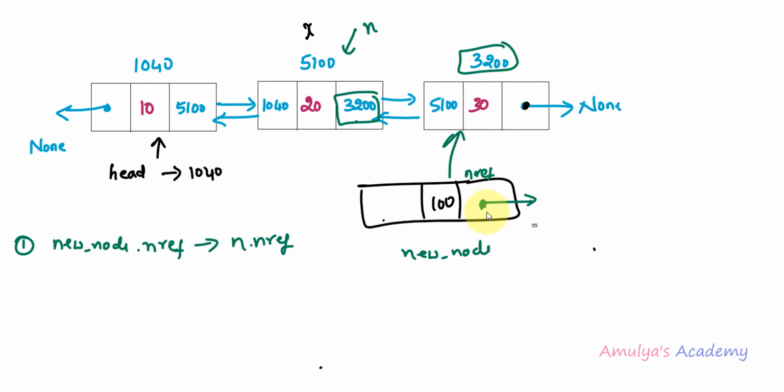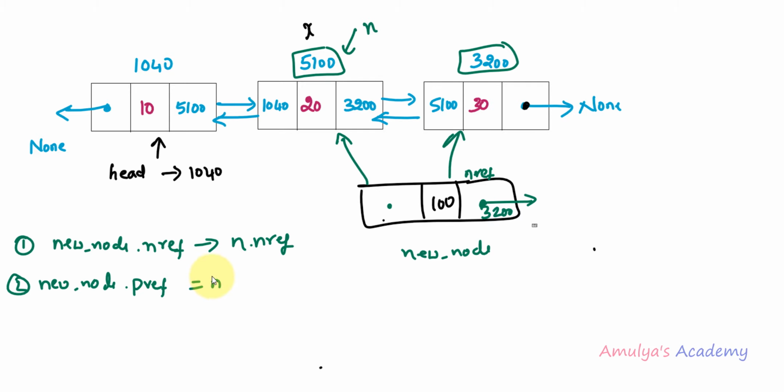So now 3200 will be stored here. After that, let's change the new node's PREF. Here, what do you need to store? You need to store this value 5100. What is 5100? That is n. So you need to take new_node.pref is equal to n. So first create the new node and change its NREF and PREF.